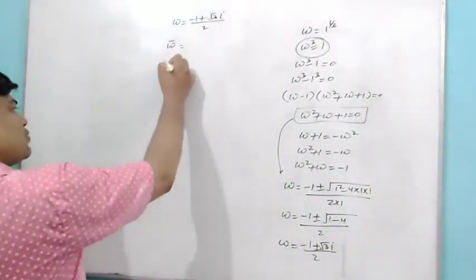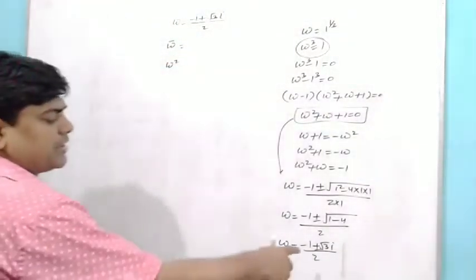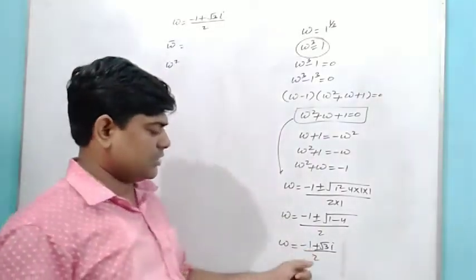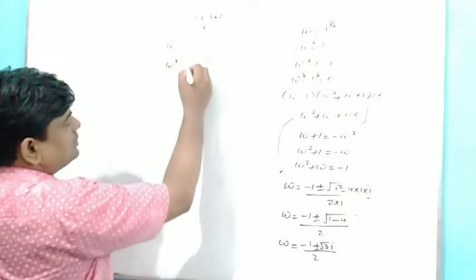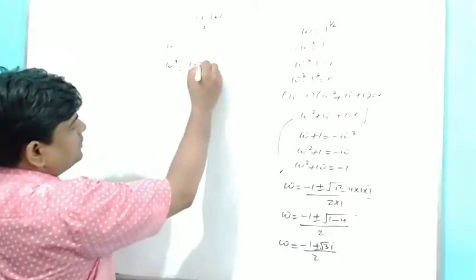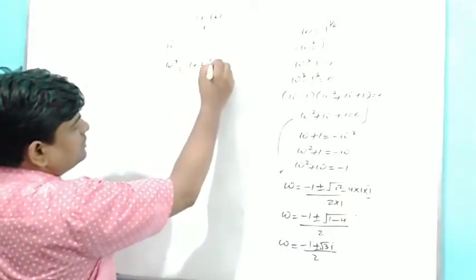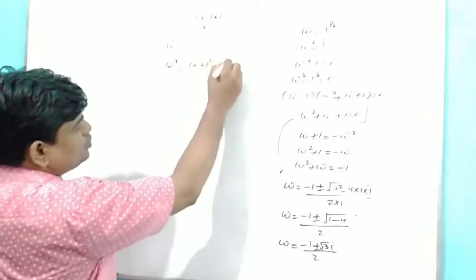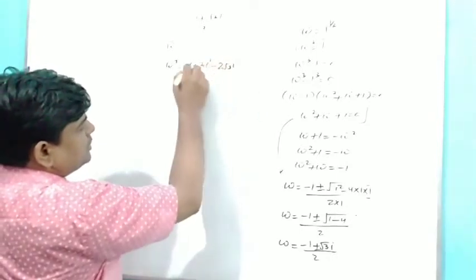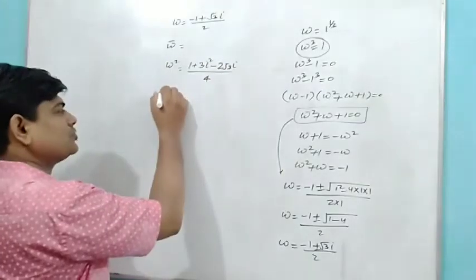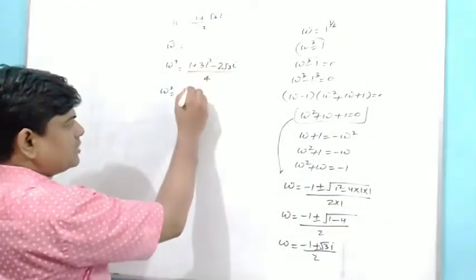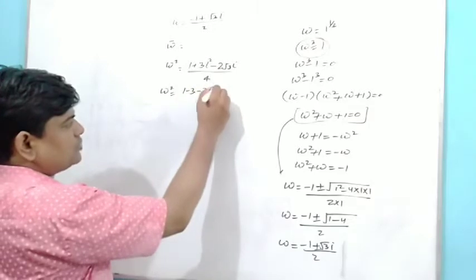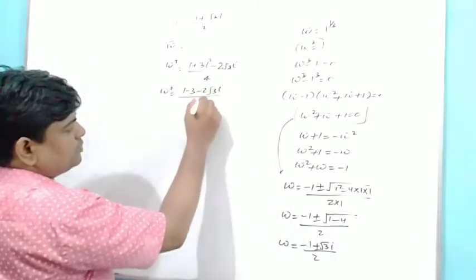And omega square, if I am writing, it will be the same as, you can see, that is 1 plus 3i square minus 2 root 3i whole upon 4. So omega square can be written as, i square is minus 1, 1 minus 3 minus 2 root 3i upon 4.